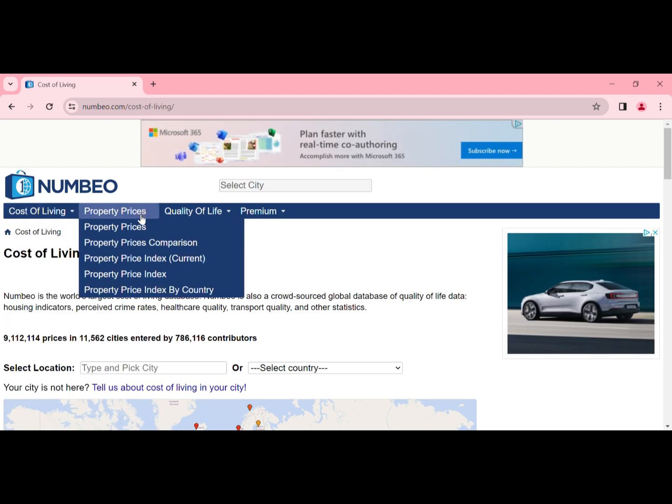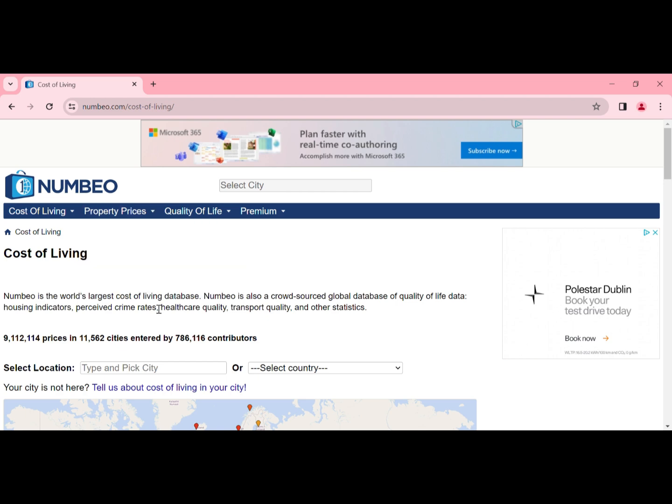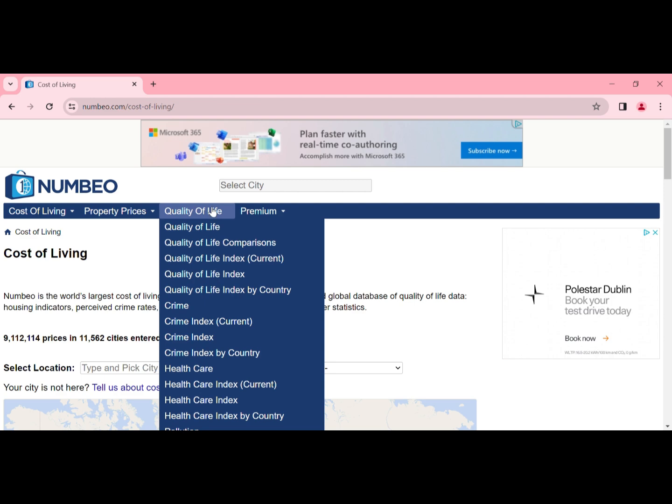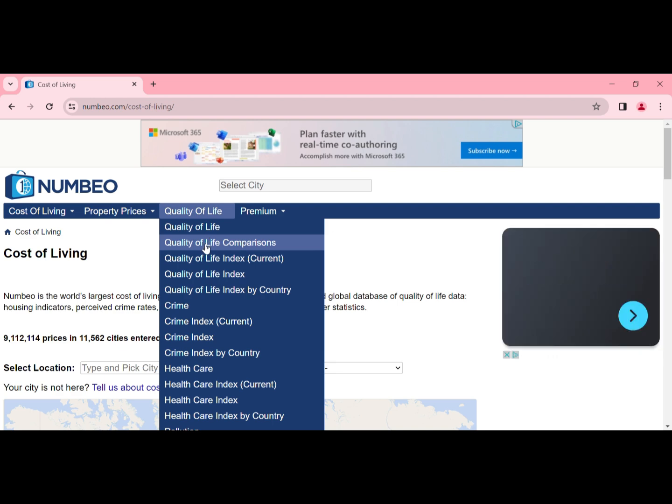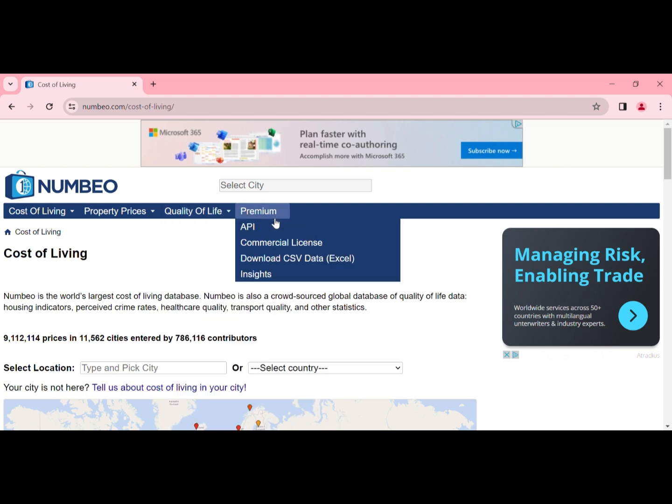Okay, so when you go to property prices, they also have property prices comparison, property price index, that's the current one. And then you also have quality of life. So it's not just goods and services, you can also compare quality of life and all of that, crime rate, healthcare, so everything.